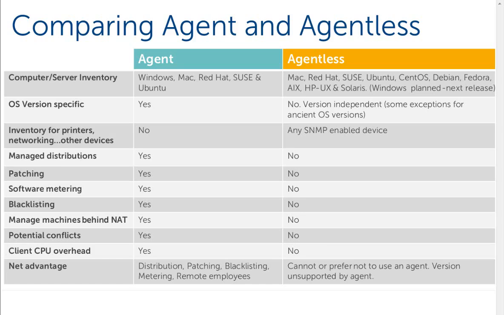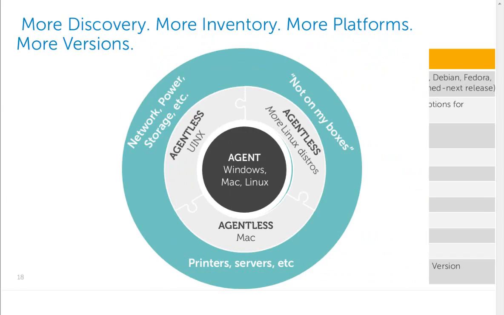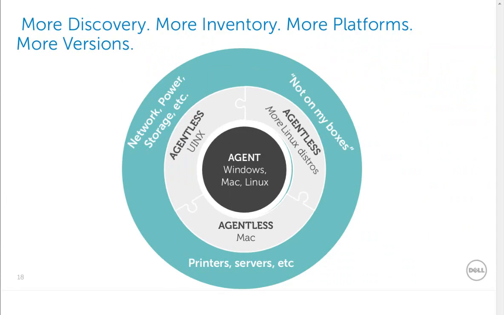So think of Agentless as supporting inventory only, but it will give you the same inventory data and create an asset, do labels and reporting, and work with service desk, and so on. So I hope that kind of clears that up for you. Note that 6.0 also adds Unix support. AIX, FreeBSD, HPUX, and Solaris can now be inventoried.